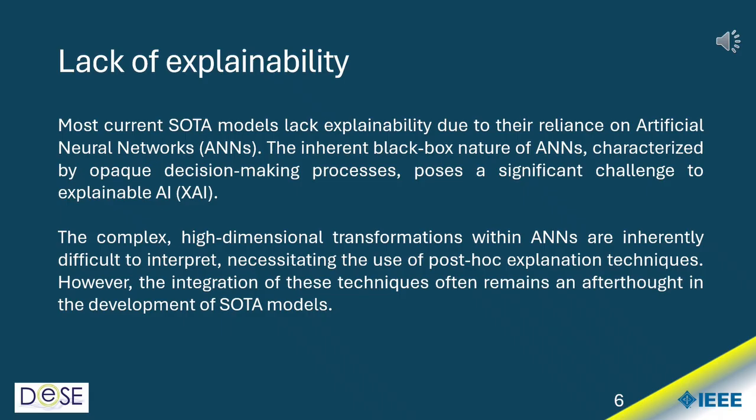The complex high-dimensional transformation within ANN is inherently difficult to interpret, requiring the use of post-hoc explanation techniques. However, the integration of these techniques often remains an afterthought in the development of SOTA models.